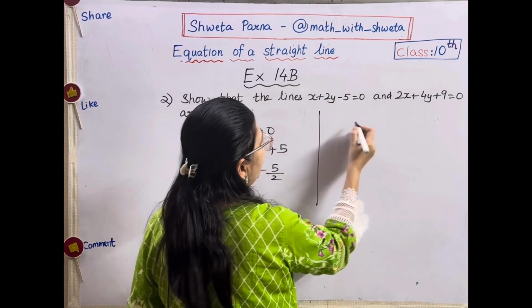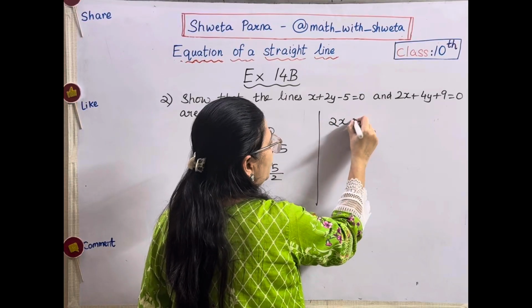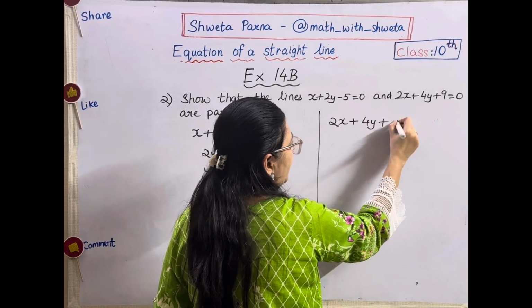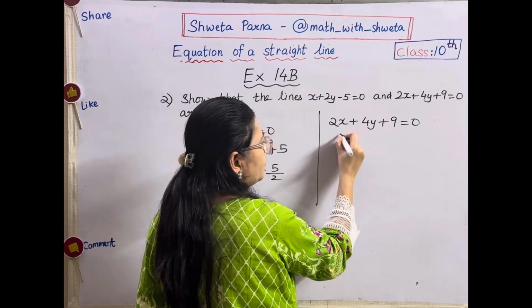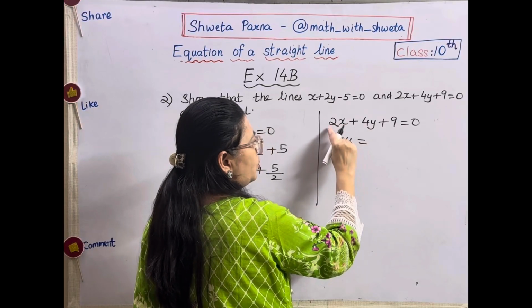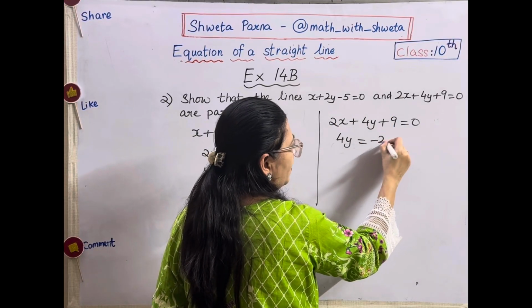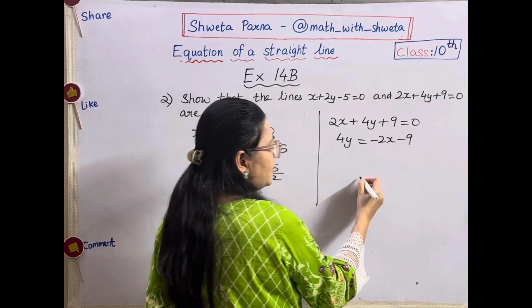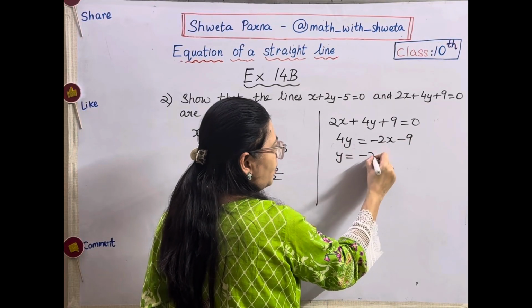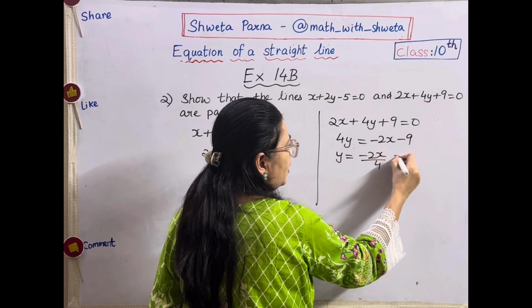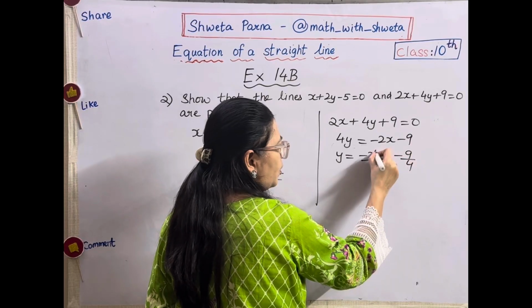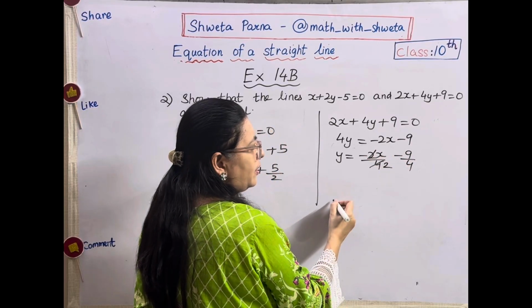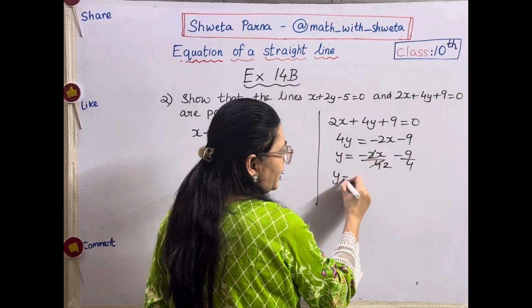Same way you will find the slope for the next line. 2x plus 4y plus 9 is equal to 0. So 4y is equal to 2x. When you bring it here, it will become -2x minus 9. So y is equal to -2x upon 4 minus 9 upon 4. This gets cancelled, you get this.